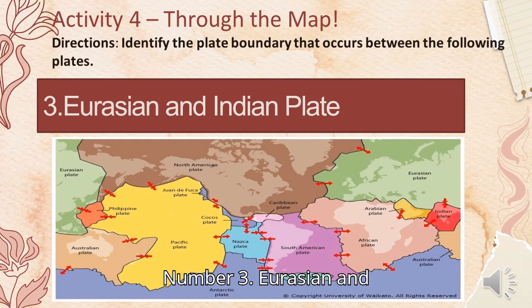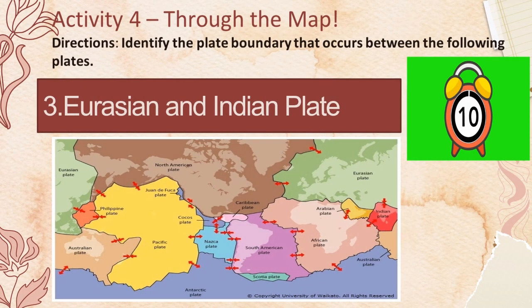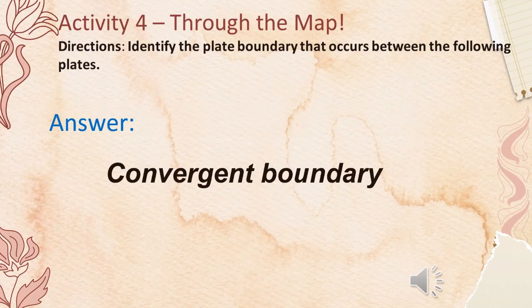Number 3. Eurasian and Indian plate. Answer, convergent boundary.